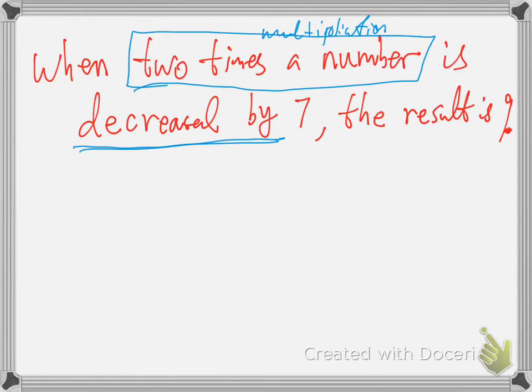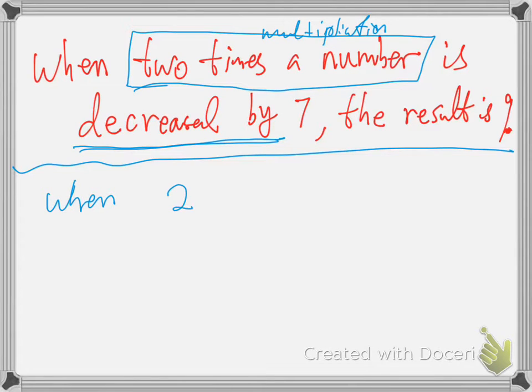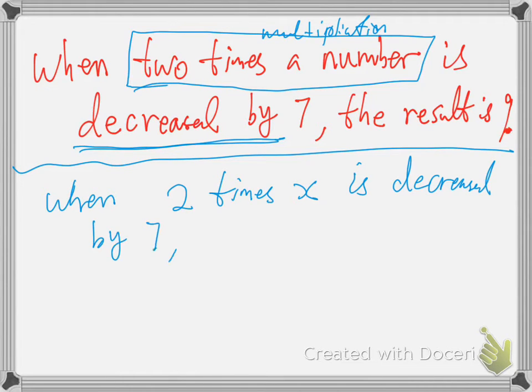Let me rewrite this sentence. So when 2 times x is decreased by 7, the result is 9. So this means equals 9. So now it's more clear, right?